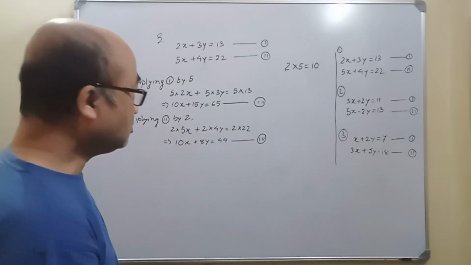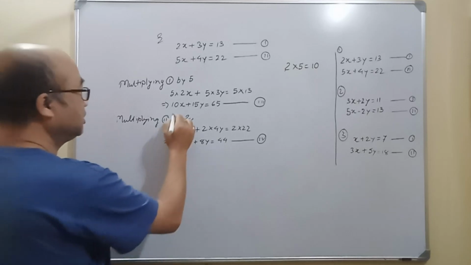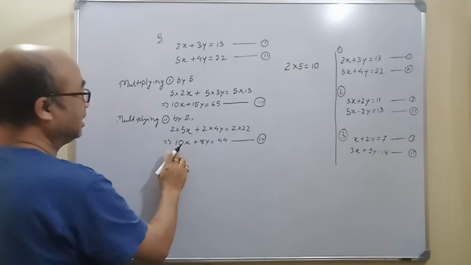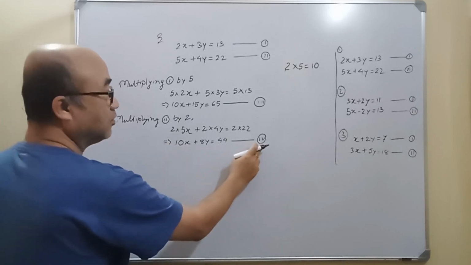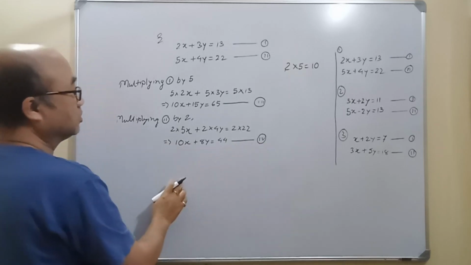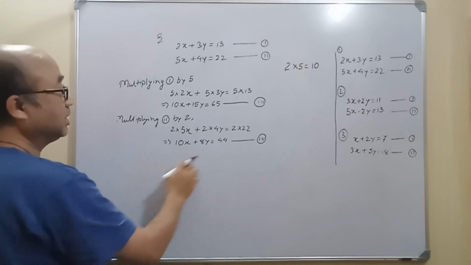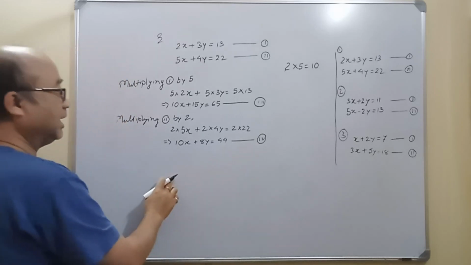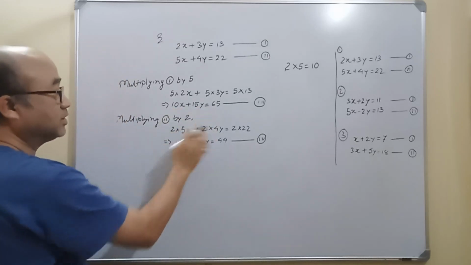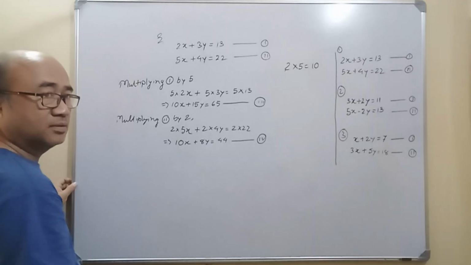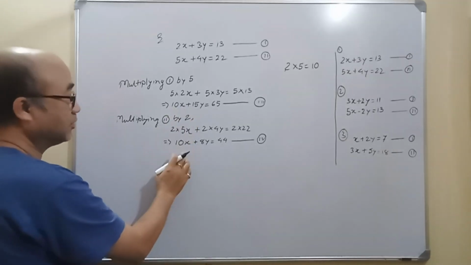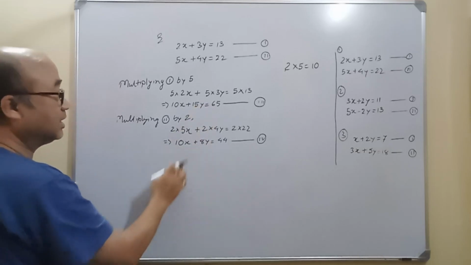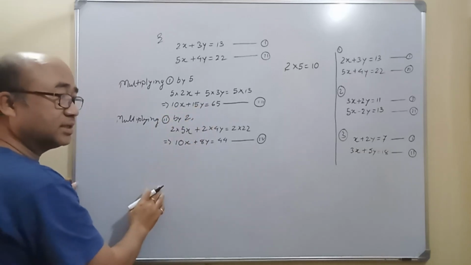Now the coefficient of x is 10 in equation 3 and again 10 in equation 4. So what we can do now is we can subtract one equation from the other, and that will eliminate the variable x from both the equations. We just have to subtract equation 3 and 4, one from the other, and the variable x will be eliminated.